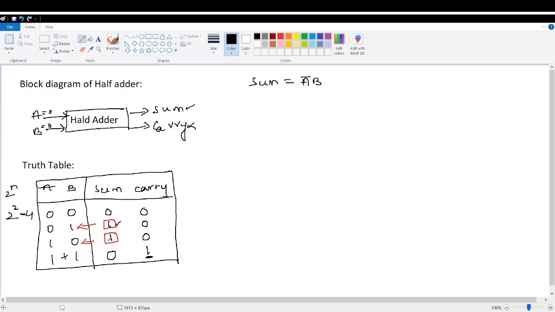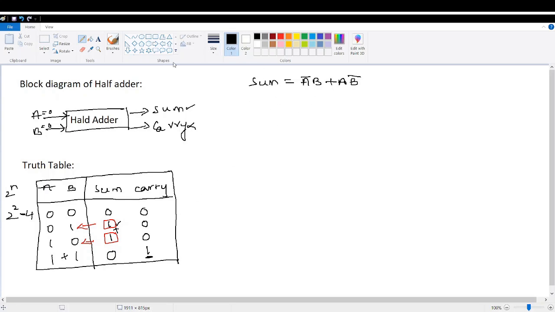Now the second term, another term is 1 0. Here 1 means A, so plus you have to take, right? This is one term, this is one term. A bar B is one term for me, plus another term, A B bar, because B is 0. That's why we write B bar. A B bar. Okay, done with your sum expression.